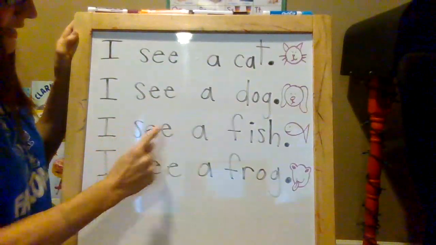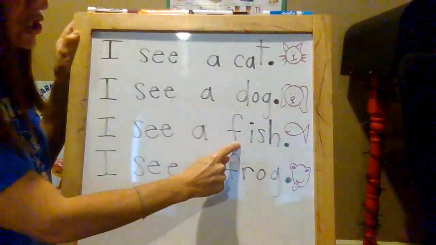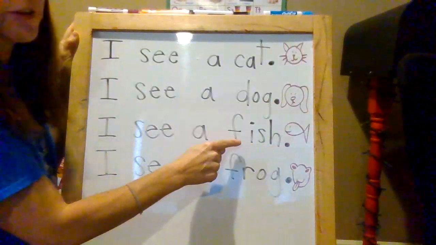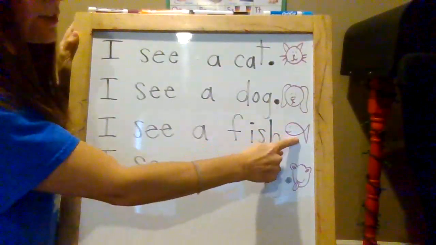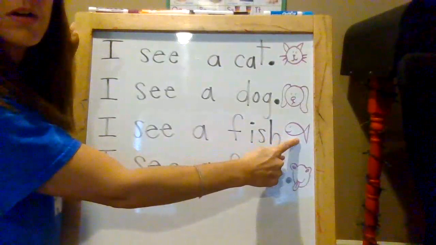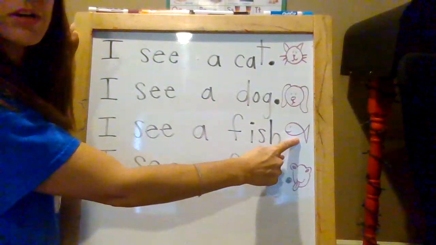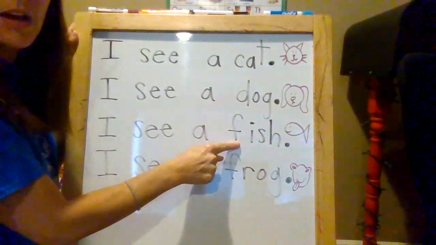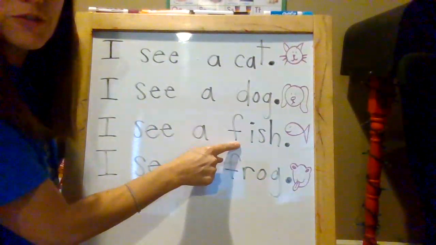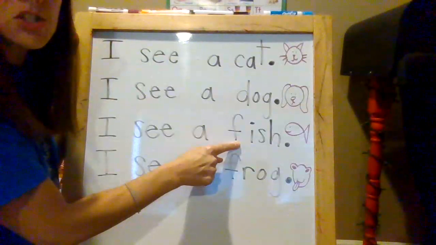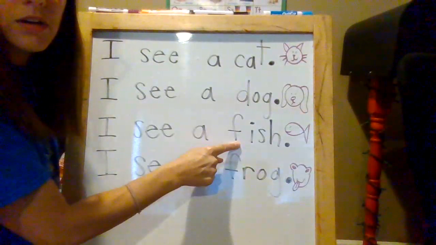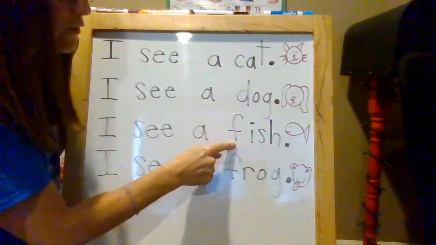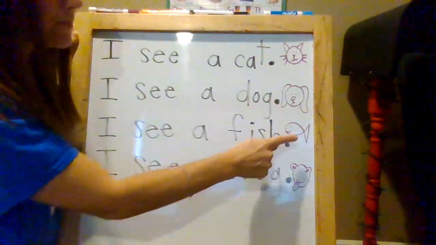I see a fish. When I look at that picture, it matches the word fish. If I look over here and I think, oh, maybe I need to say shark, I'm going to look so carefully at the beginning sound. I'm going to get my mouth ready. Oh, that can't say shark. Fish. Fish starts with an F, and it makes sense.